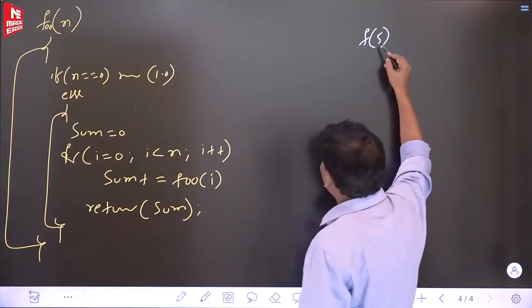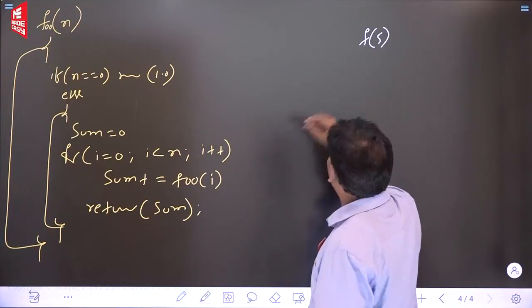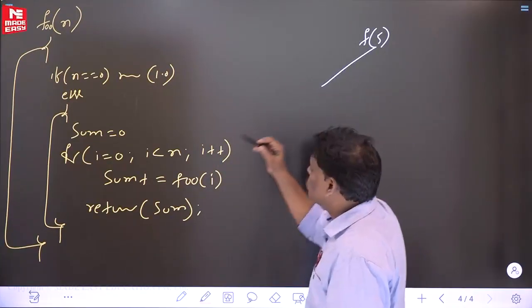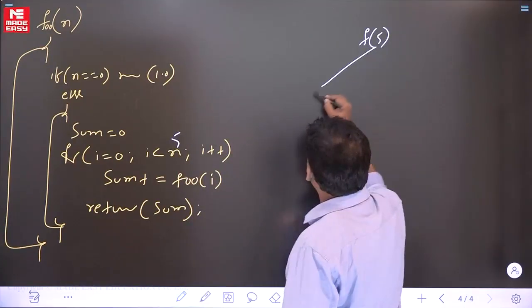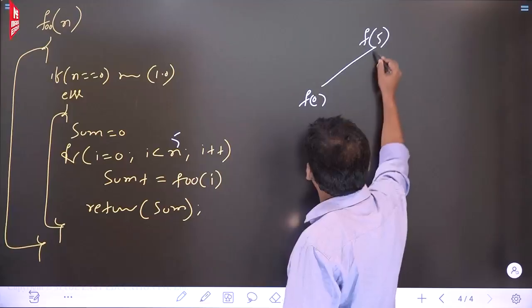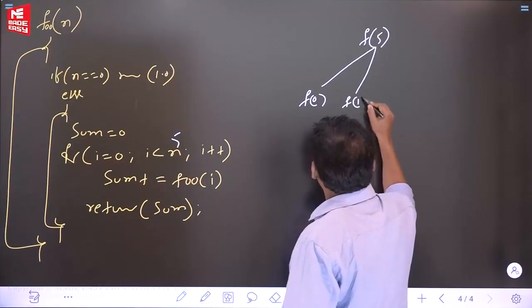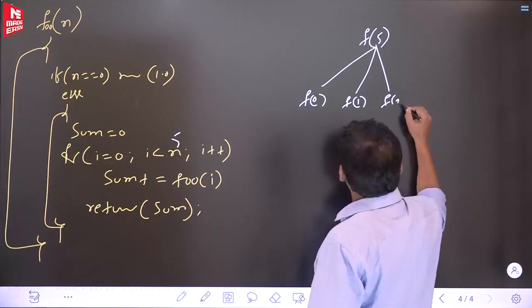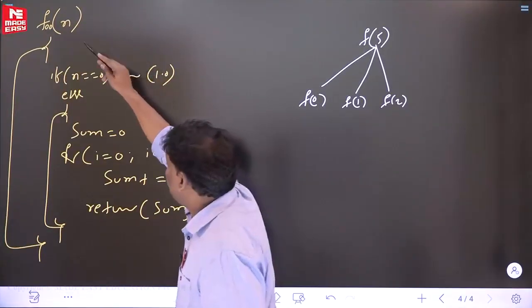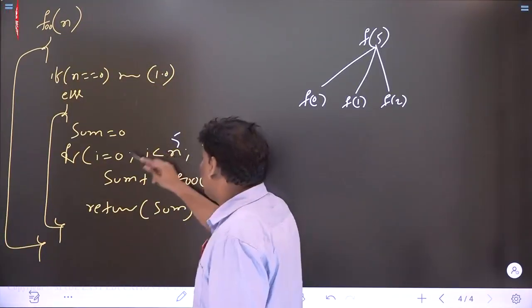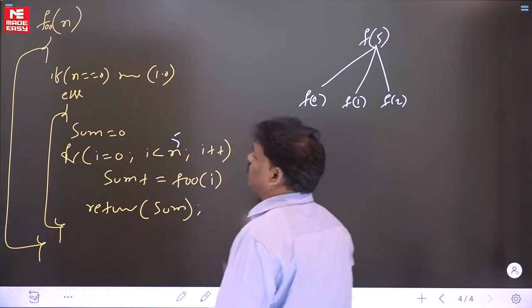F of 5 internally calls in the for loop. Loop is going on, 0 to 4. I value 0, f0 is called. Next, I value 1, f1 is called. I value 2, f2 is called. So listen everyone now, foo is calling foo, that is okay, but in the loop it is calling, so many times it will call.